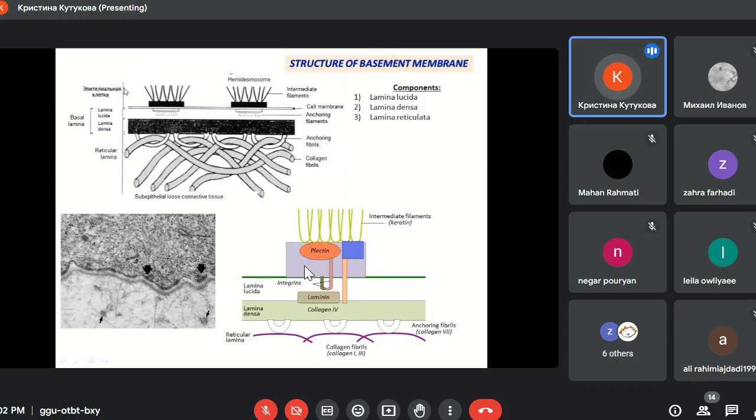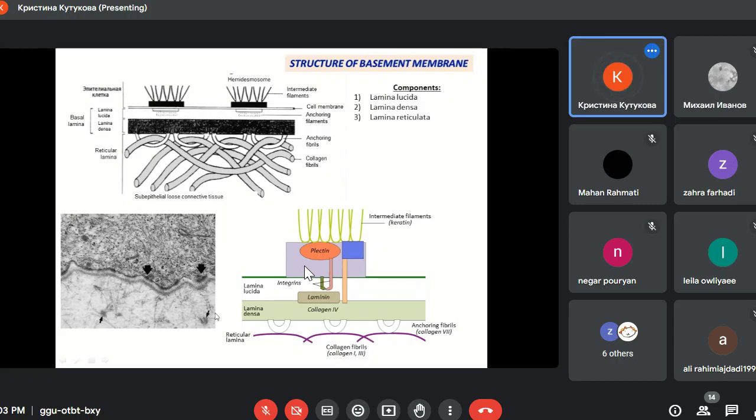In this picture you can see the border: the cell is above, this is the basal portion of the cell, and everything which is below is the basement membrane upon which this cell is situated. So this is the membrane of this cell, and here should be the cytoplasm of the cell. Just below the cell membrane starts the first layer of basement membrane, which is called lamina lucida, which means light layer, and it is really light looking.